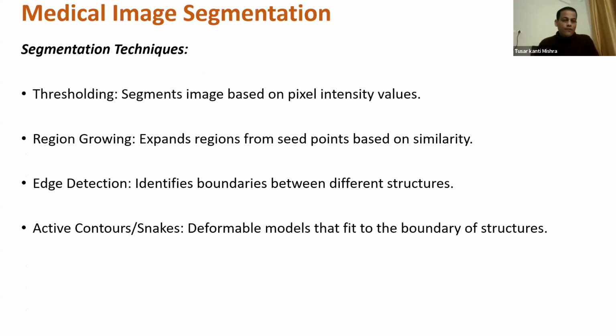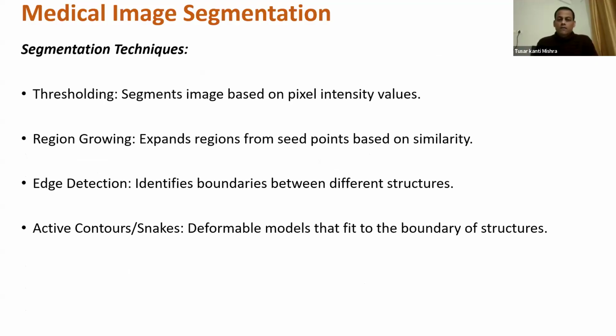4 different approaches can broadly be followed for medical image segmentation: thresholding, region growing, edge detection, and active contours or snakes approach. Thresholding segments an image based on pixel intensity values.